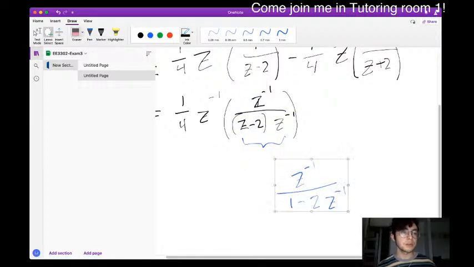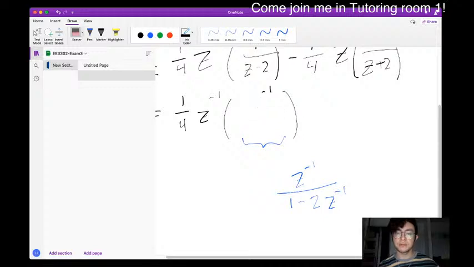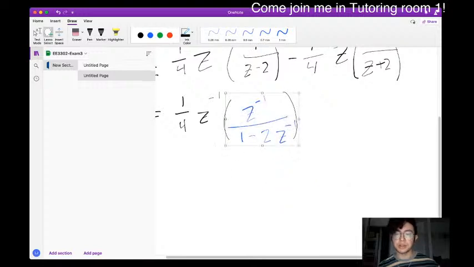This looks a little bit different than that table entry for our causal exponential. We get this 1 minus 2 Z inverse in the denominator, but we have this Z to the minus 1 up top.